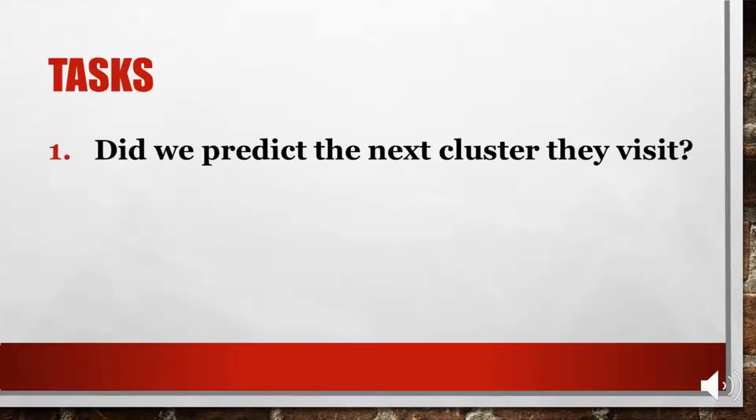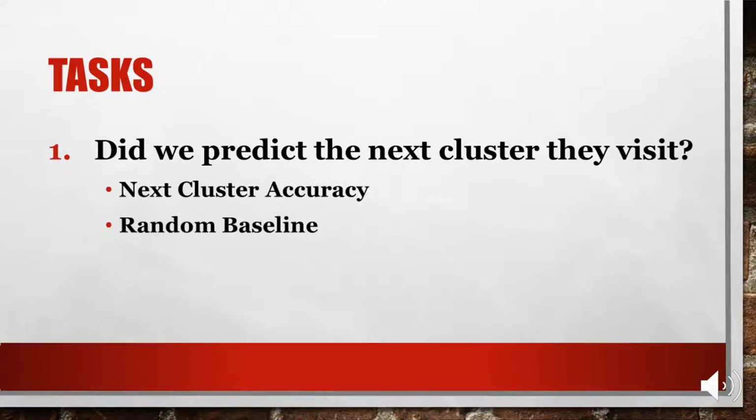Our initial evaluation was to see if our machine learning model could predict the next cluster a user would visit based on their history. To measure this, we looked at the overall accuracy of our model in predicting the next cluster that a user would visit compared against a random baseline model. The random baseline model would simply predict a random cluster for each example.